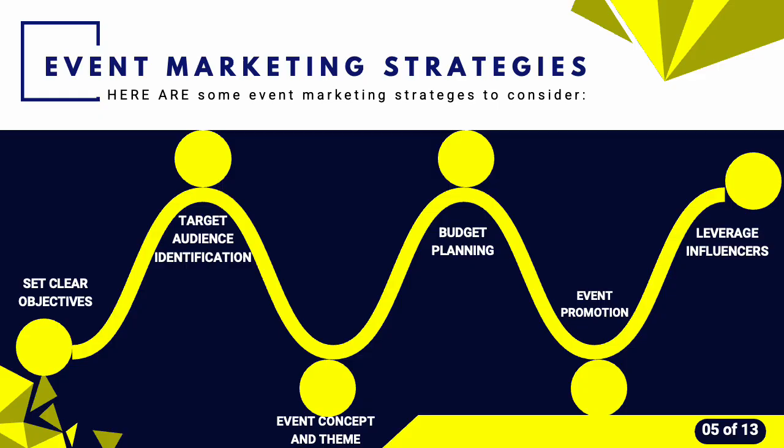So here are some event marketing strategies that we need to consider as an event planner, manager, or organizer. The first one is to set clear objectives by using SMART goals. If you're not familiar with SMART goals, it means to be specific, measurable, attainable, realistic, and time-bound, meaning it has a time limit.